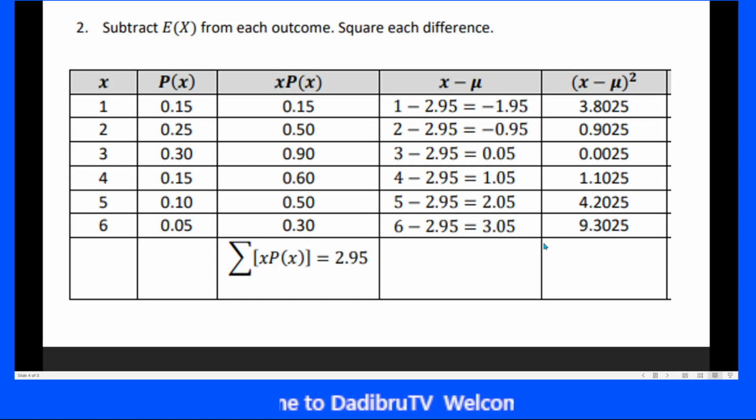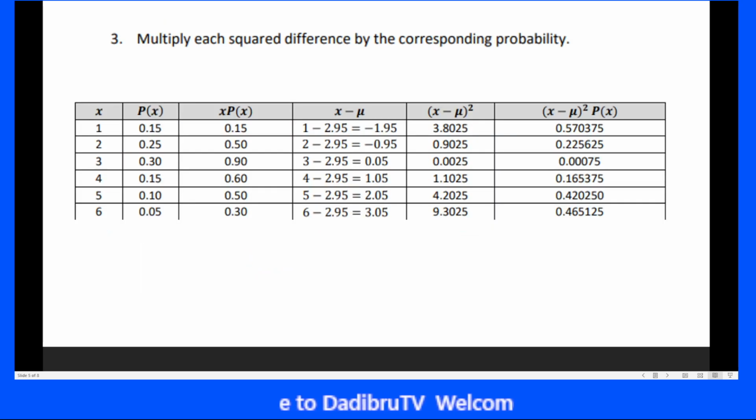9.3025. Okay, so for the next step, after getting the difference and the square, multiply each square difference by the corresponding probability. So here, we have now 1, 2, 3, 4, 5, and 6 column.